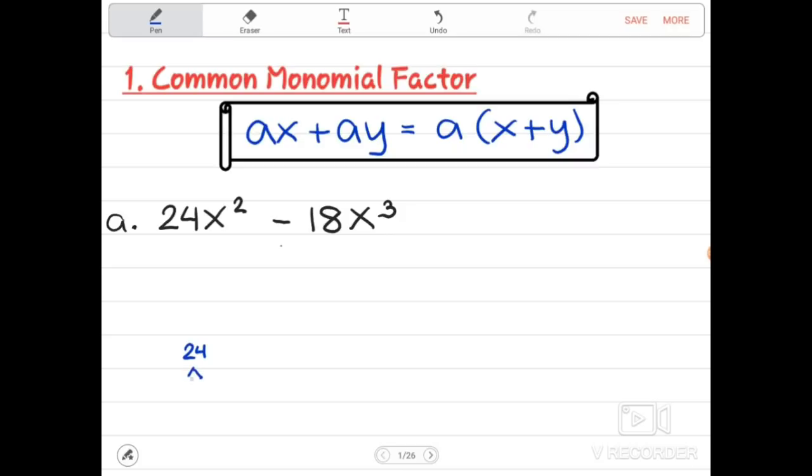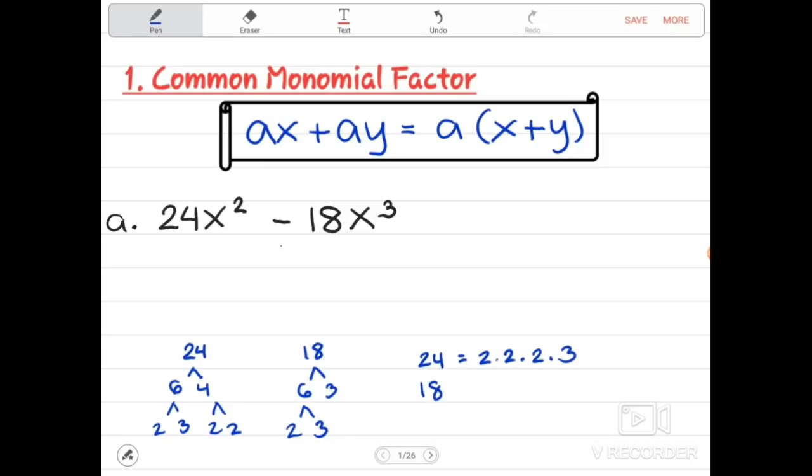we have 6 times 4, then 2 times 3, 2 times 2. For 18, we have 6 times 3, then 2 times 3. So the prime factors of 24 are 2 times 2 times 2 times 3.